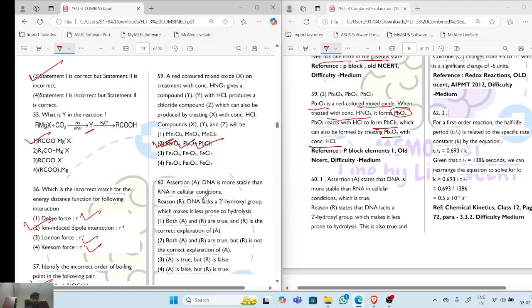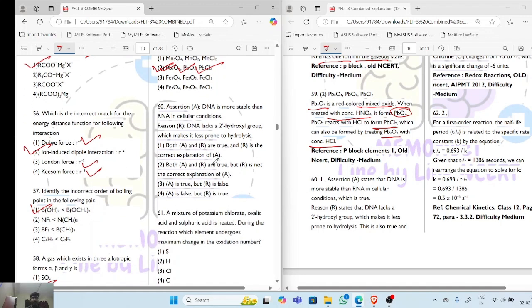Now comes question number 60, which is an assertion reason question. Assertion: DNA is more stable than RNA in cellular condition. Reason: DNA lacks a 2' hydroxyl group, which makes it less prone to hydrolysis. The assertion is true.